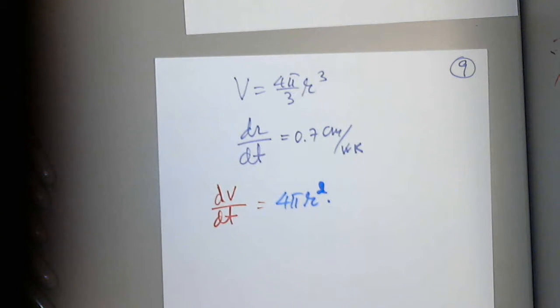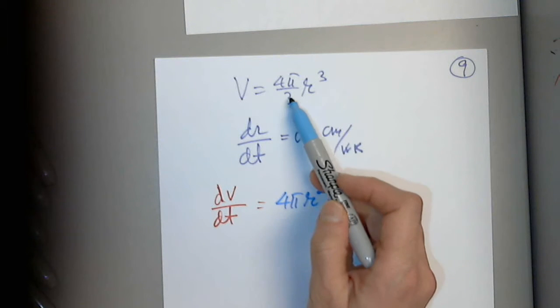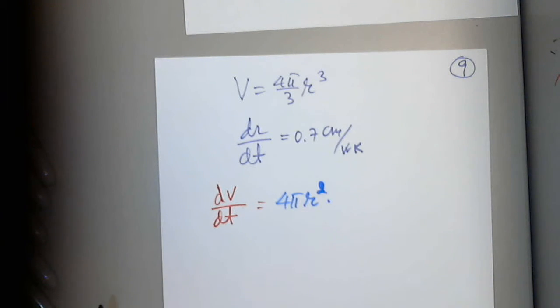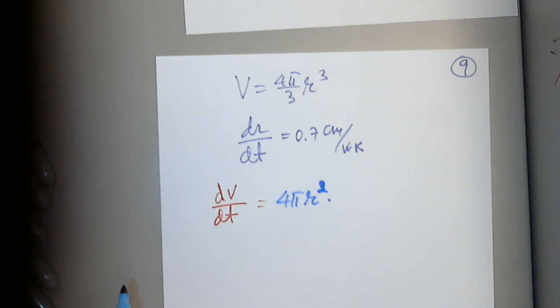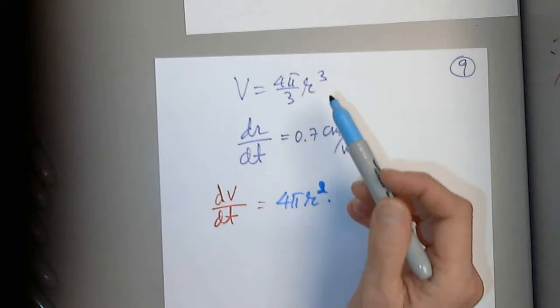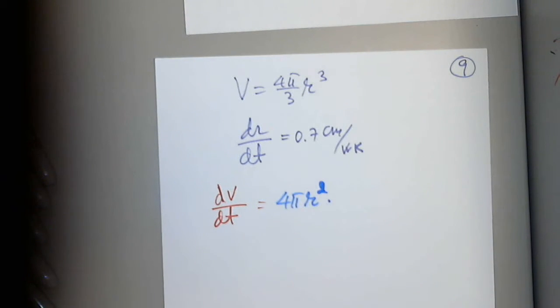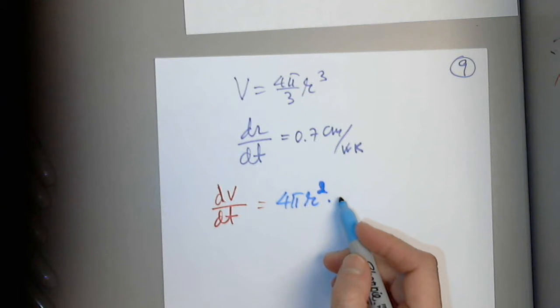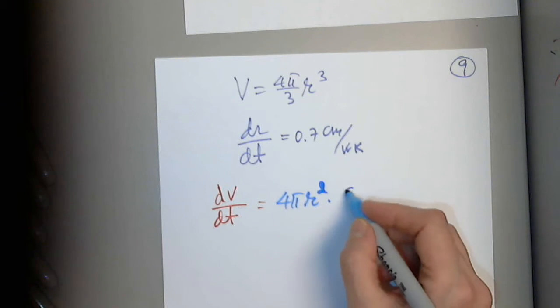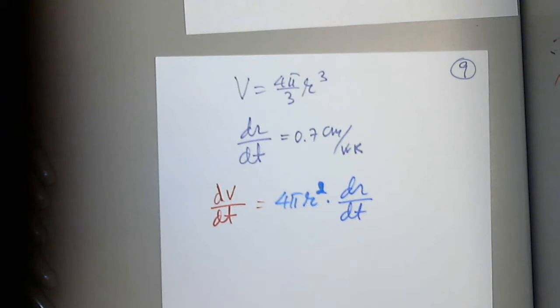Wait, why is it squared? I bring down 3, subtract 1 from the power, 3 pi times r squared times dr over dt. Very good. Times the inner function prime.